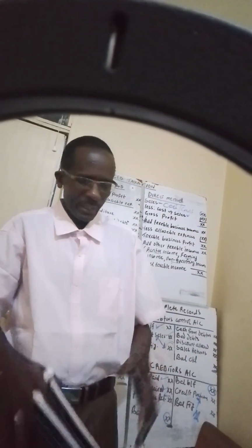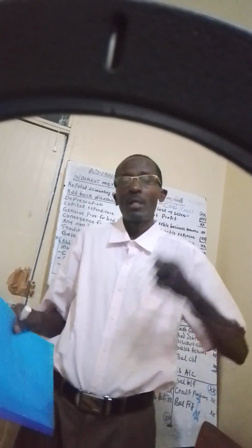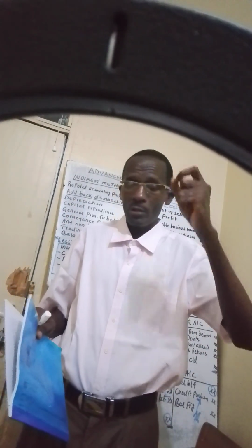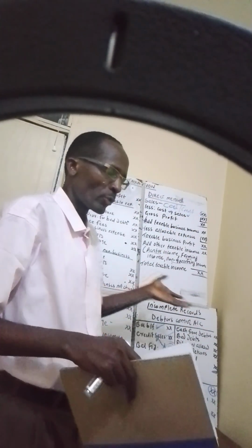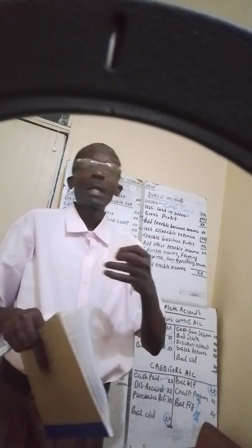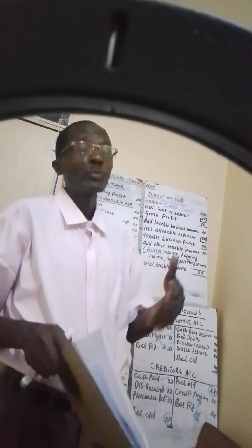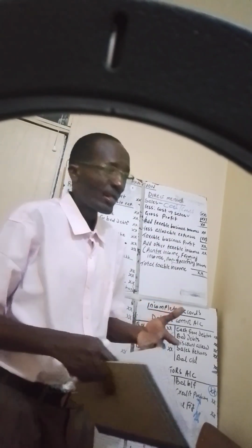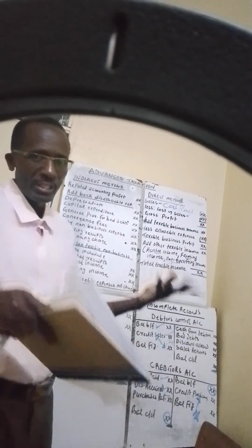So the most important thing, I remind you again, because that is the most important thing, once you understand, once you classify expenses as those which are allowable and those which are disallowable, and incomes which are taxable and incomes which are non-taxable, then the rest becomes very easy for you.